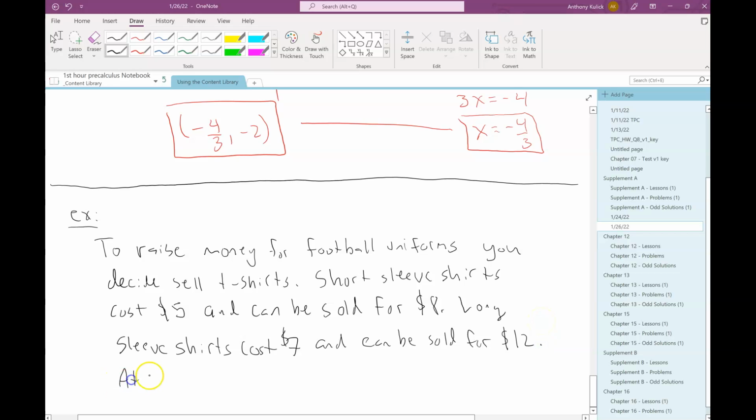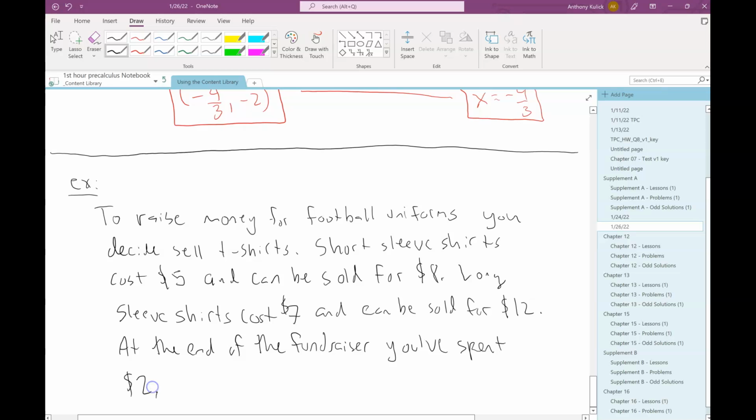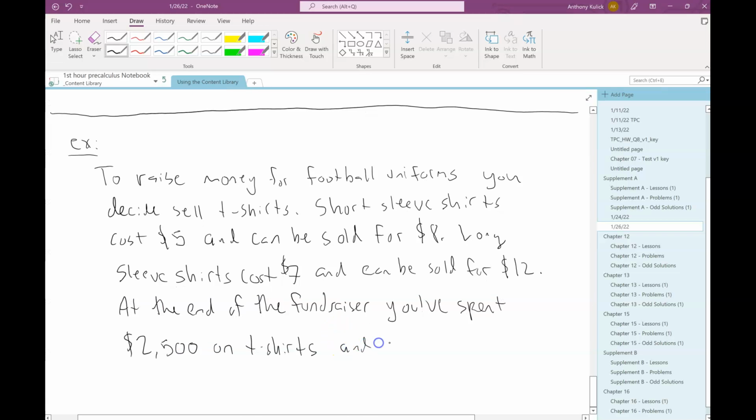At the end of the fundraiser, you've spent $2,500 on t-shirts, and sold all of your t-shirts for $4,200.